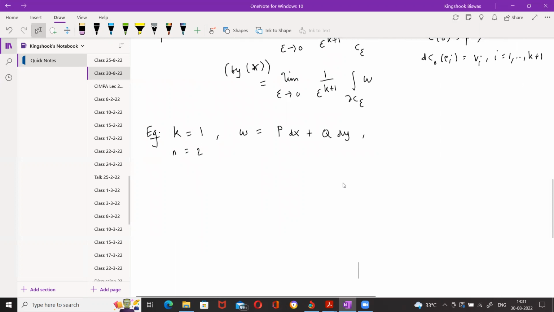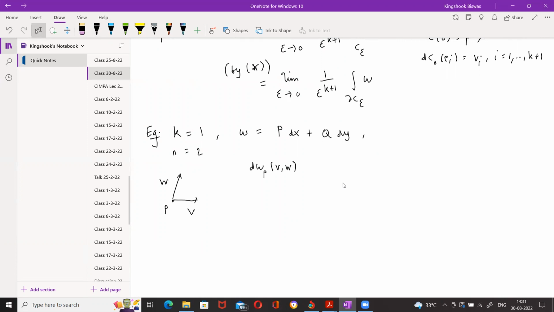Now, if I take two vectors, say v and w, how am I going to get d omega? And this is my point P. d omega at P of v, w will be what?